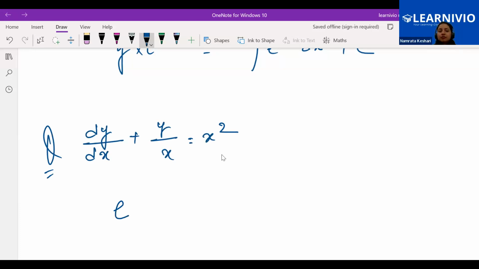What is the integrating factor? P is equal to 1 by x. Q is equal to x square. So the integrating factor is e to the power integral of 1 by x dx, which is log x.